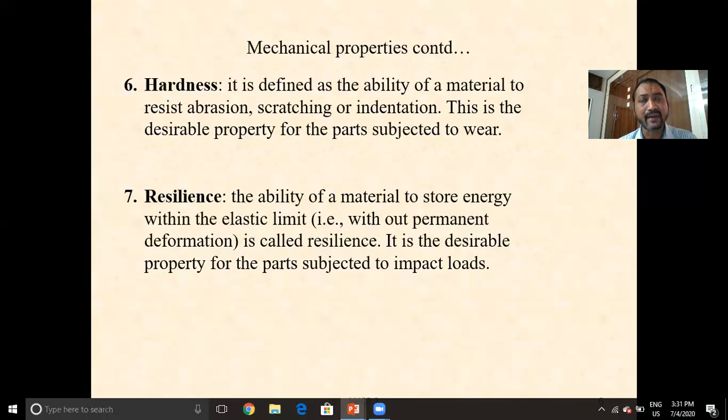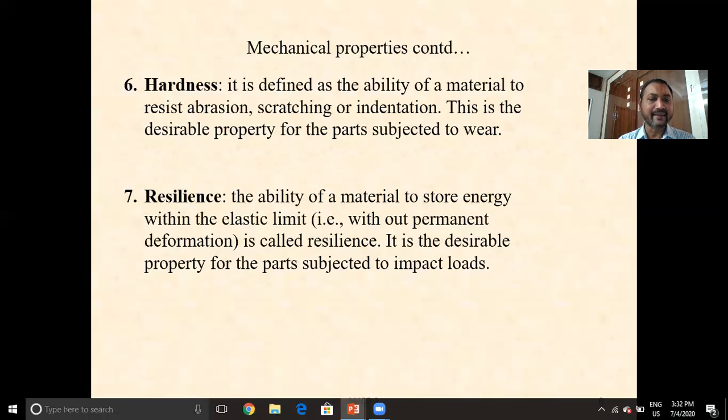And if the material has the ability to withstand abrasion, cutting, or indentation, then the material is said to be a hard one. Otherwise, it is regarded as a softer material or a material with low hardness.